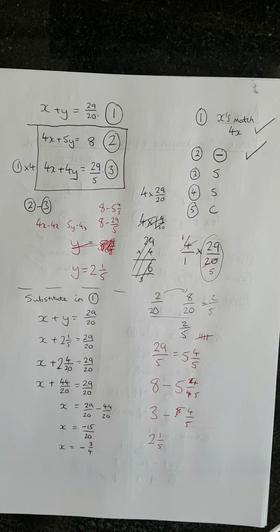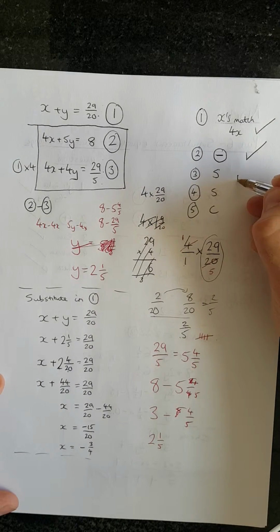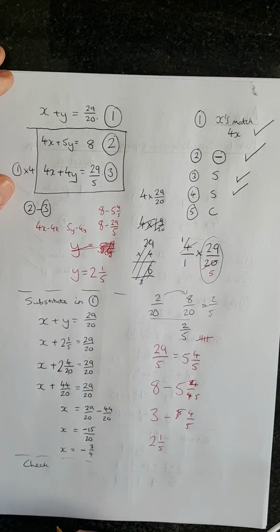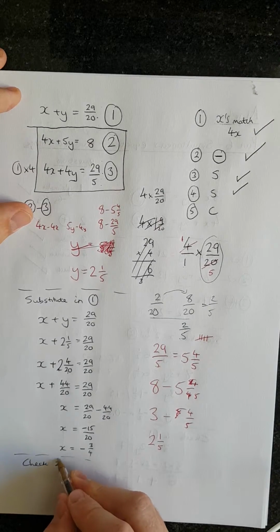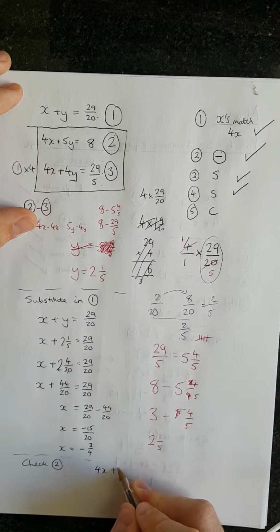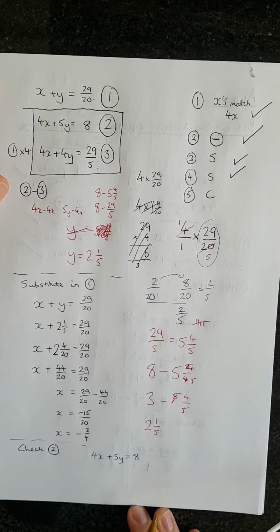Now this has been fiddly. Let's carry on. We've now substituted. So let's check. And we'll have to check in number 2. So 2 is 4x plus 5y equals 8. So stay with me here as we wrap this up.